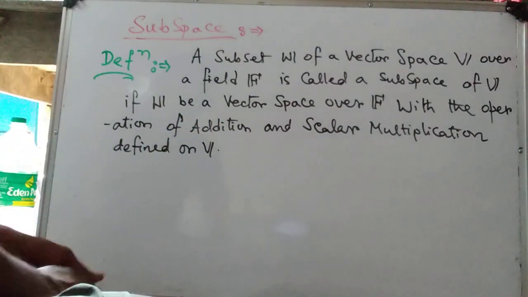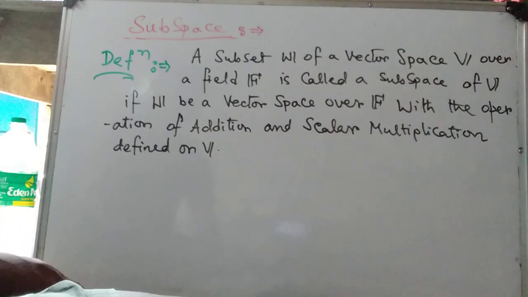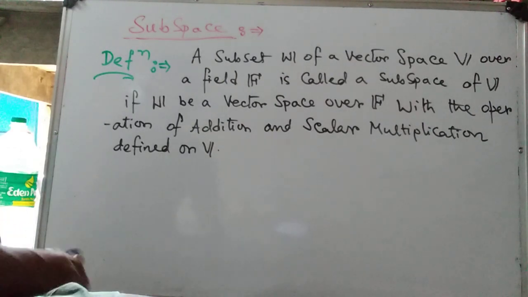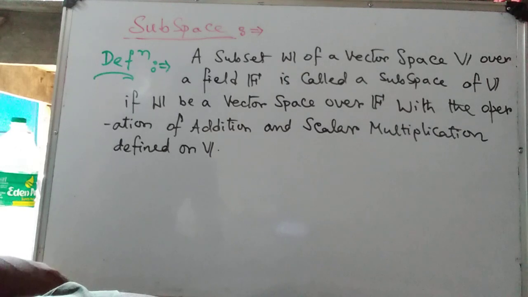A subset W of a vector space V over field F is called a subspace of V if W is a vector space over F with the operations of addition and scalar multiplication defined on V.